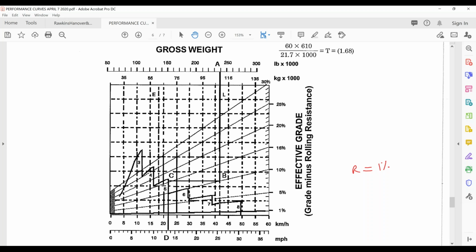Same thing, we come down, we hit 1%, we go over, and we are going to be able to operate in 8th gear. And in 8th gear, we're able to go 31 miles an hour. You can see that we're below 7. There's nothing to go this way, so it means we can operate at the top end, just having it run full out. So section 3, our speed is equal to 31 miles per hour.